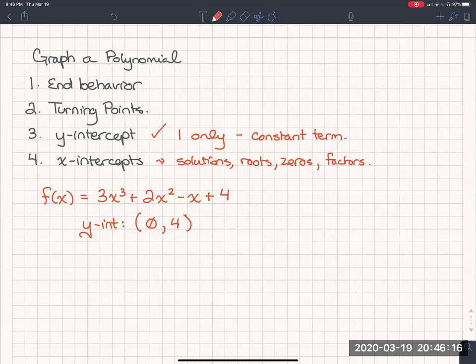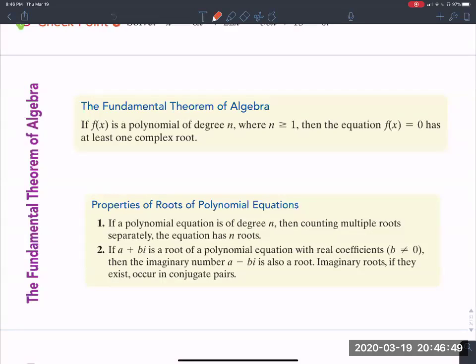Now, before we go forward, we need to talk about the fundamental theorem of algebra. The fundamental theorem of algebra is pretty significant. It says that if f of x is a polynomial of degree n, where n is greater than or equal to 1, so a linear polynomial or higher, then the equation f of x equals 0 has at least one complex root.